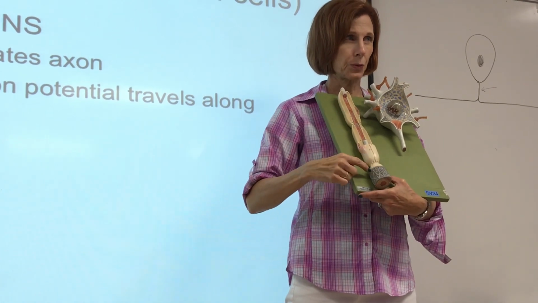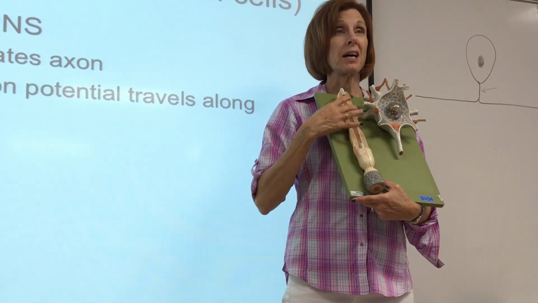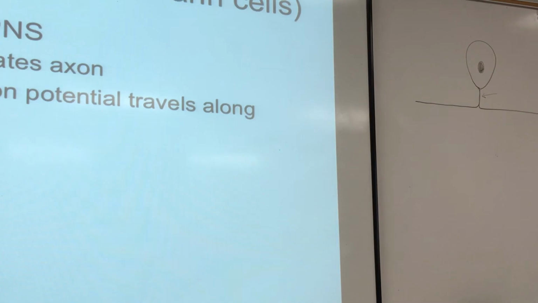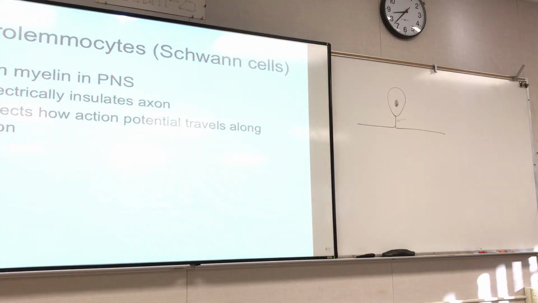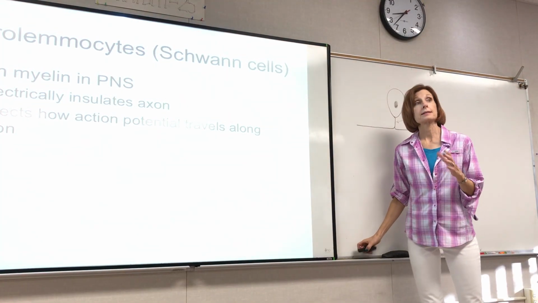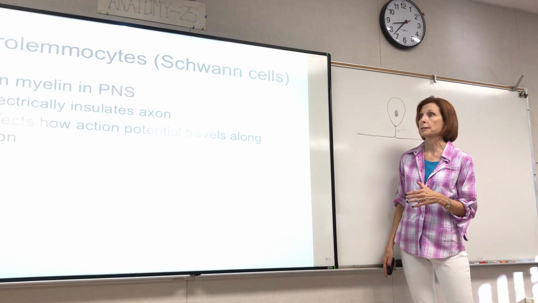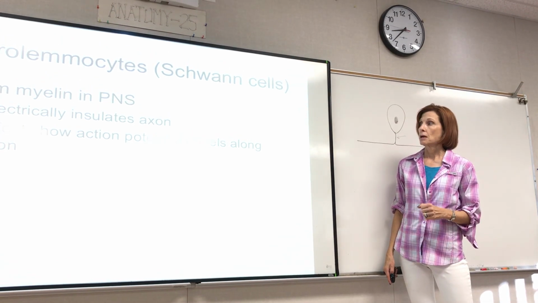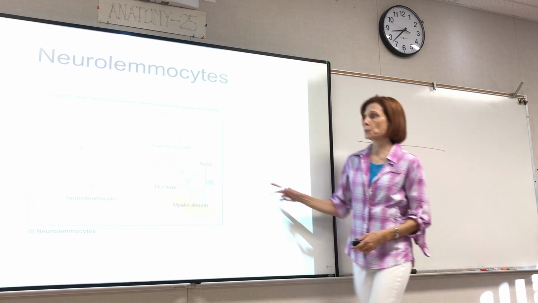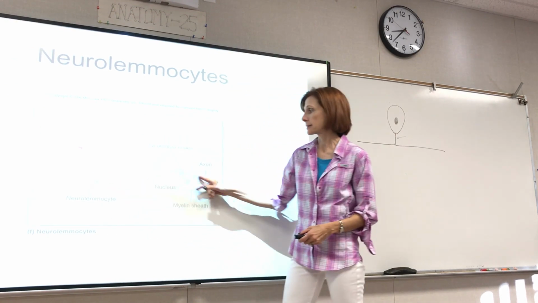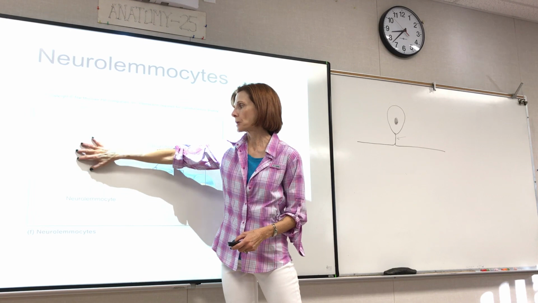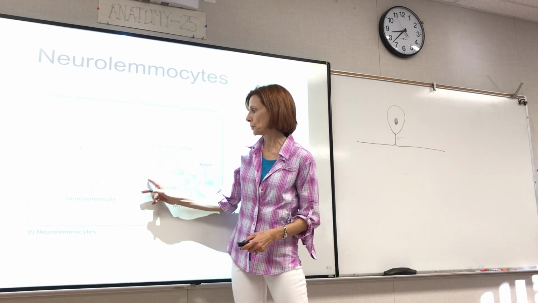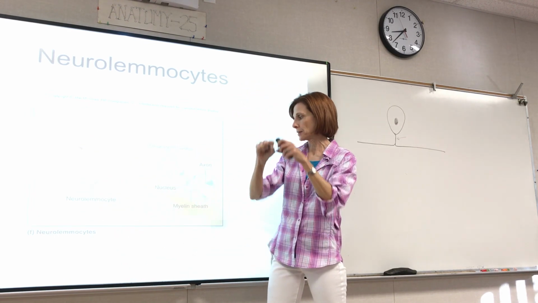This would be part of another one, forming the myelin sheath. Whether we're talking about the central or the peripheral nervous system, the myelin sheath is going to look the same. And this is what it would look like out in the PNS. We have a multipolar neuron. These are all individual Schwann cells wrapping around the axon.